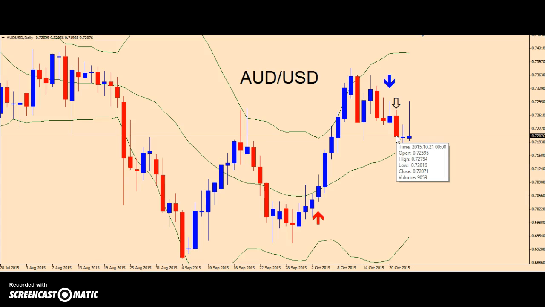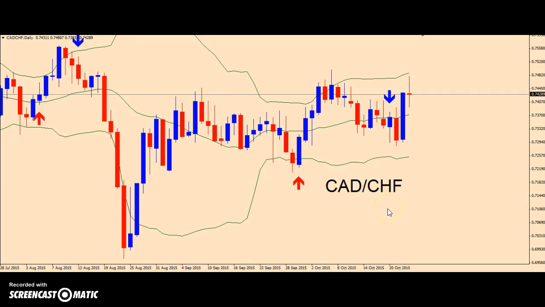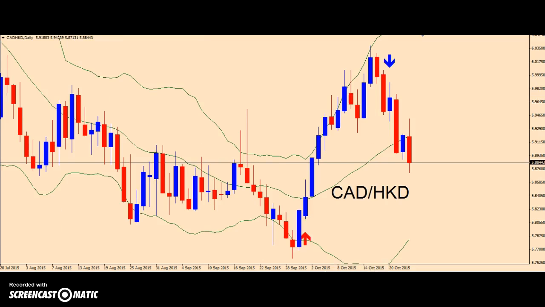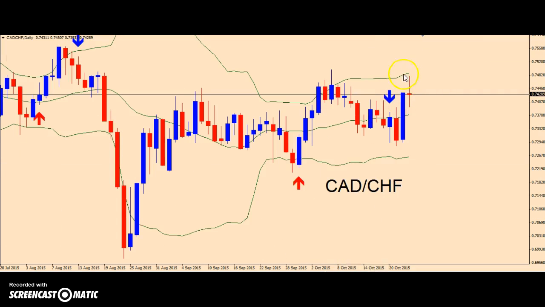Next pair. Oh, just go back to that. Sorry, I just noticed the doji at the top there, so that might be worth keeping an eye on your trades if you trade the CAD CHF.